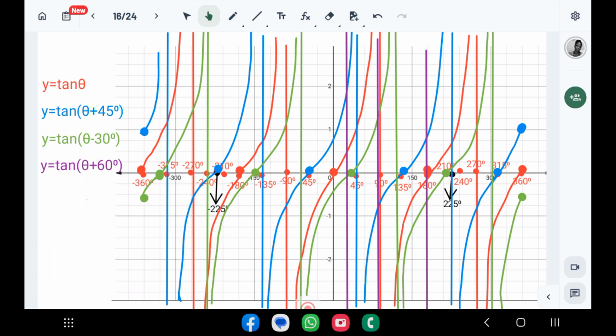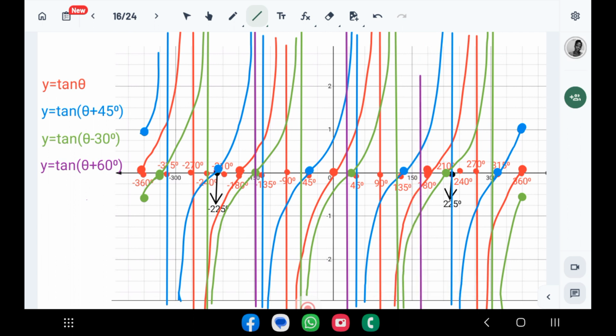So that's 1, 2. That's where the next one will land. The next one will be here. This is where the next one will be. And the next one will be 30 degrees to the left of this one that is red. Basically, that's how you duplicate.